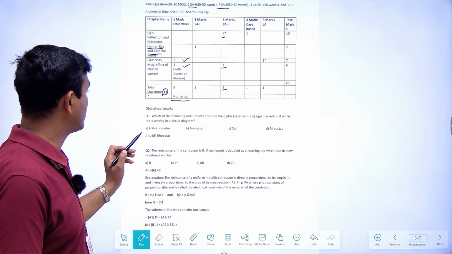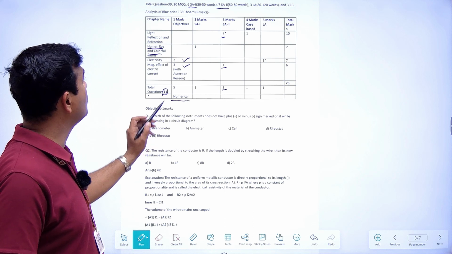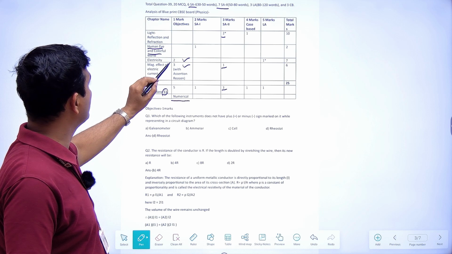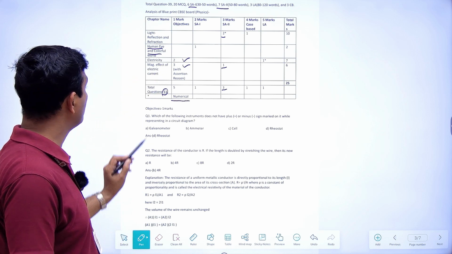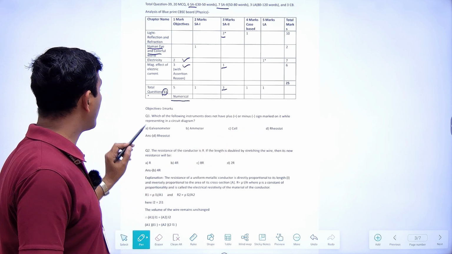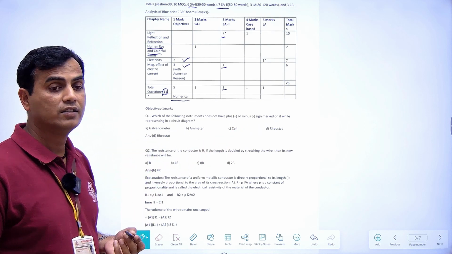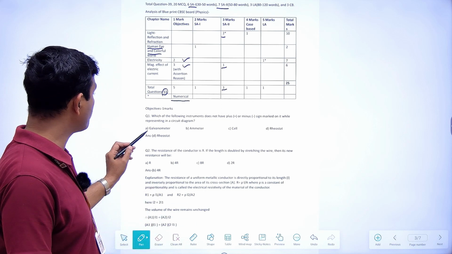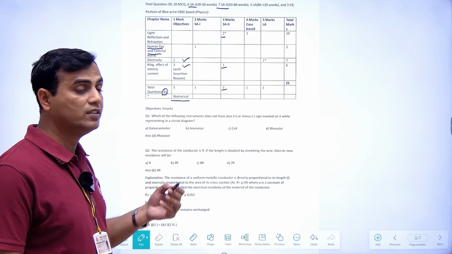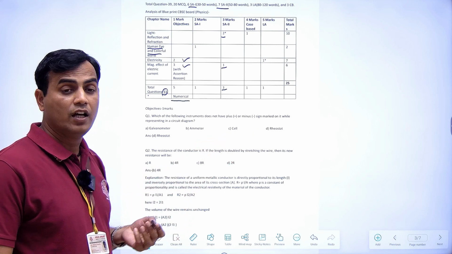So the first question is an MCQ of 1 mark, objective, from the electricity part. Which of the following instruments does not have a plus or minus sign marked on it while representing in a circuit diagram? Option A is galvanometer, option B is ammeter, option C is cell, option D is a rheostat.